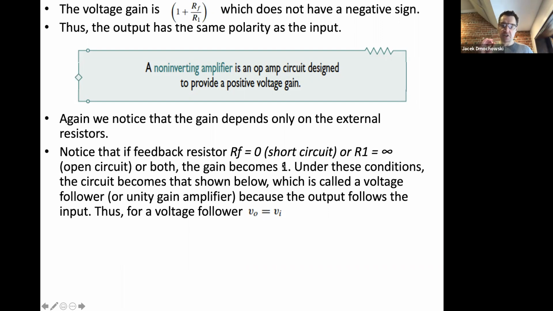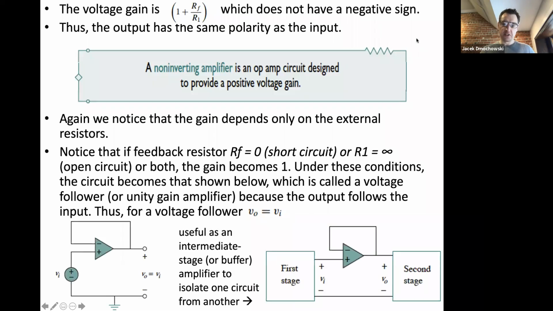Okay, and there's a name for that configuration. It's called a follower, a voltage follower, where the gain is equal to 1, so your output is equal to your input, right?